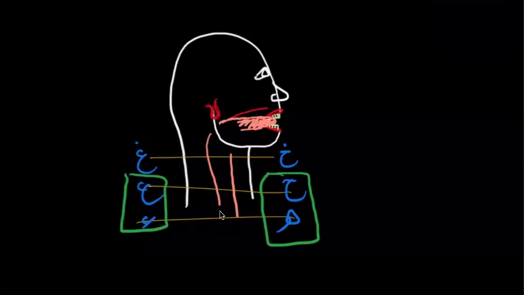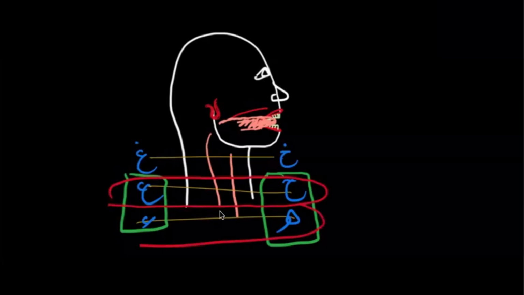But really, ain and ha are closer than ha and ha. And ha and hamza are closer than the other two letters.